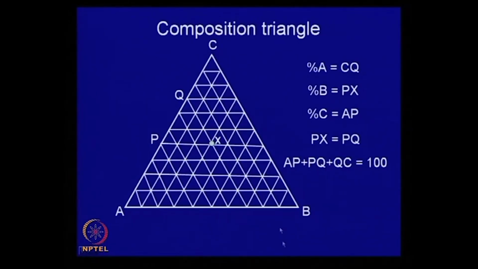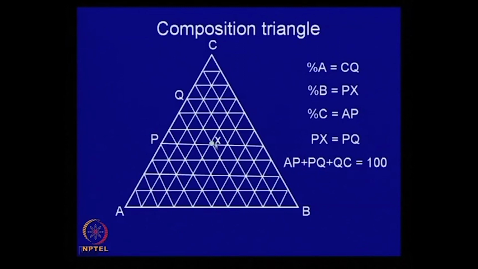In the same way, the lines drawn parallel to the side opposite vertex A, that is CB, represent percentage A. Similarly, lines drawn parallel to the side opposite vertex B, that means AC, all these lines parallel to AC represent percentage B, and this end is 100%, this end is 0.